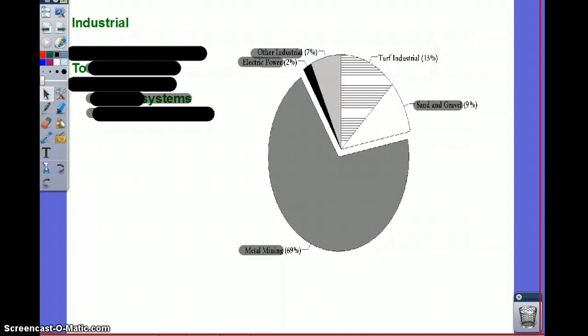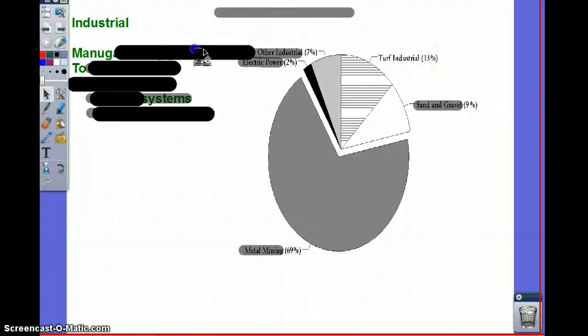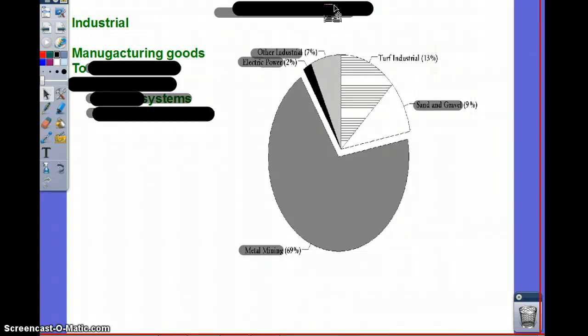So in the industry, water is mainly used for manufacturing of goods, or making of goods. Also in the industry, we use it to dispose of waste.